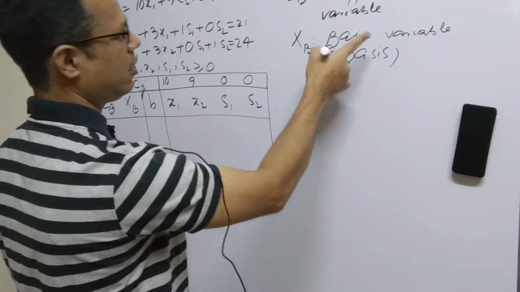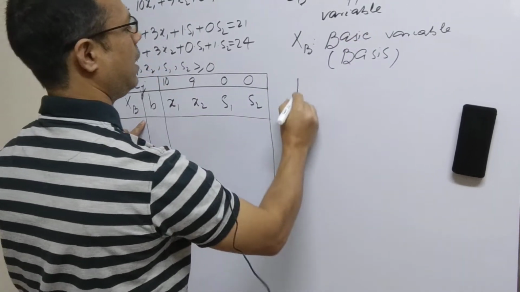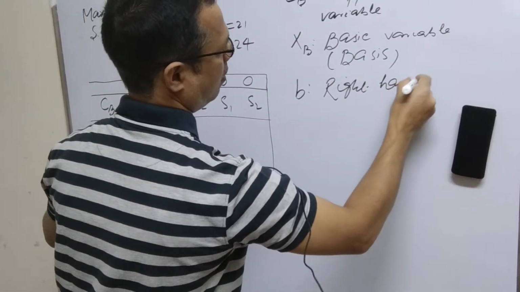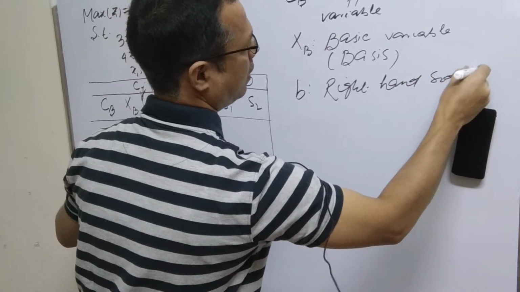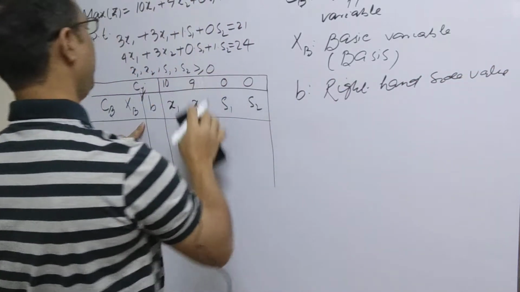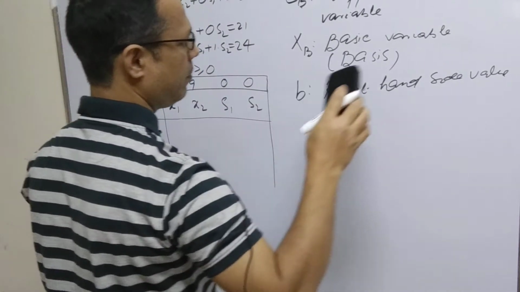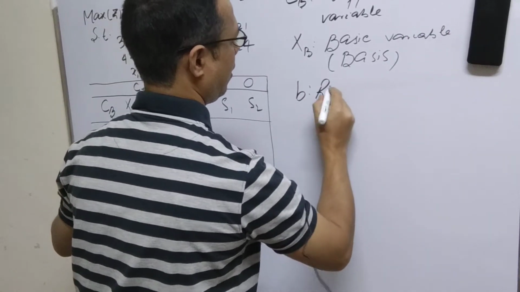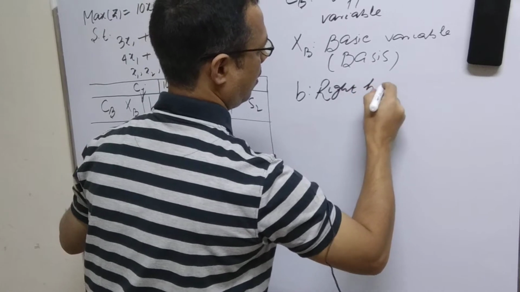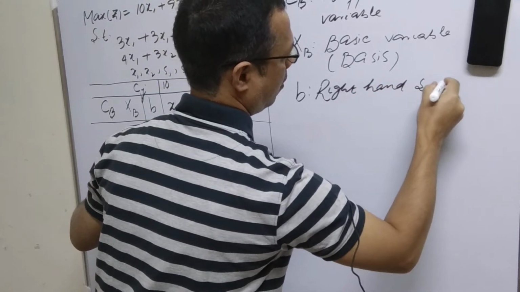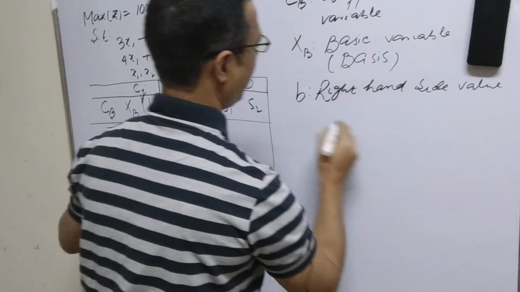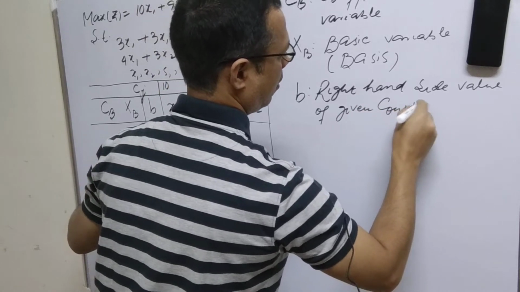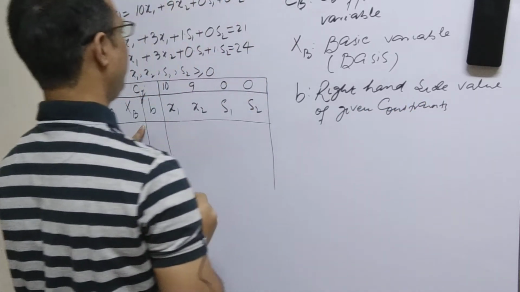Some books have written basis, and some books have written basic variable. b is the right hand side values of the given constraints.